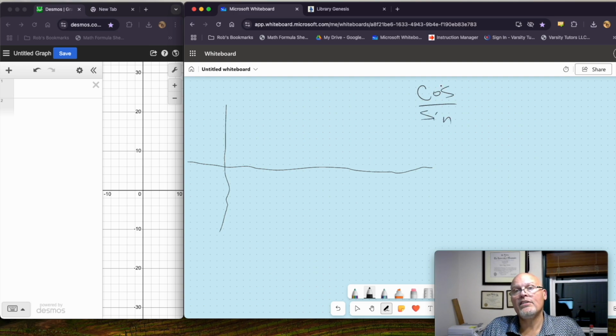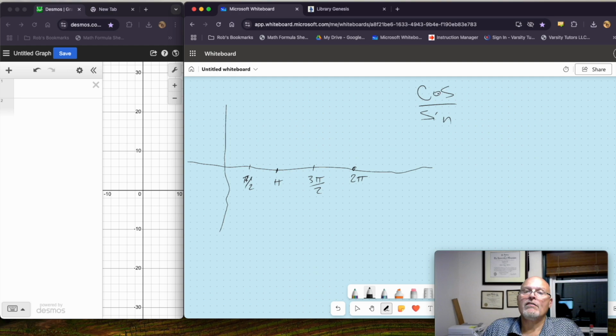So it is going to be 0, and let's go with pi over 2, pi, 3 pi over 2, and 2 pi, okay? We know that cosine goes from 1 down, back, and here, and sine is from 0 up to 1, down to negative 1, and back to 0.